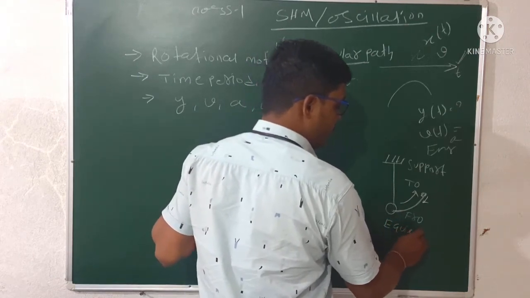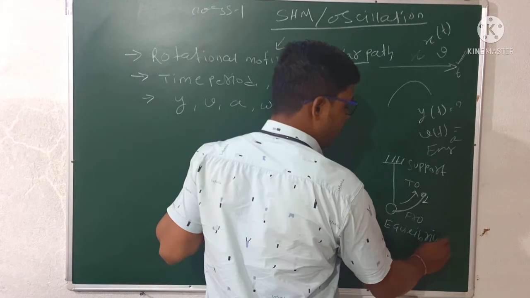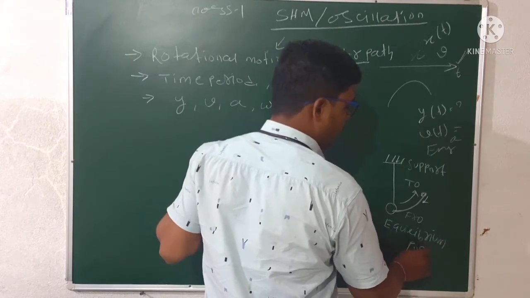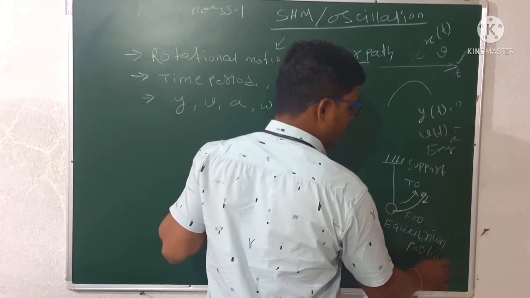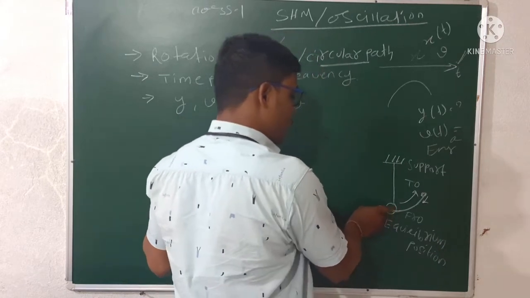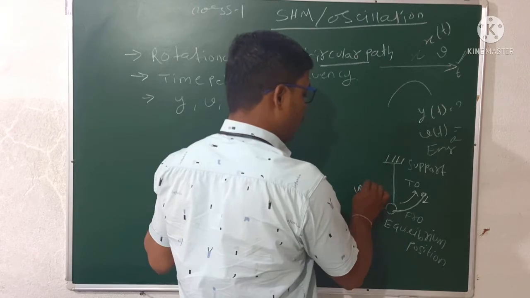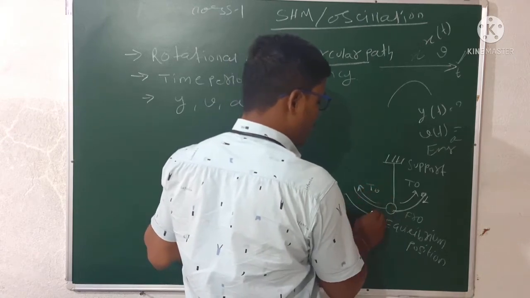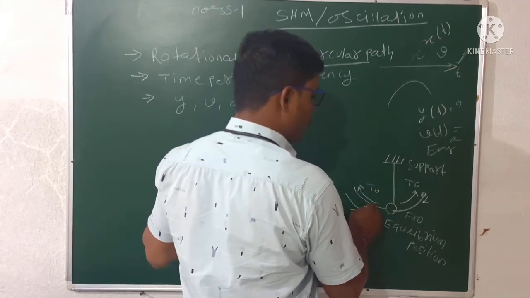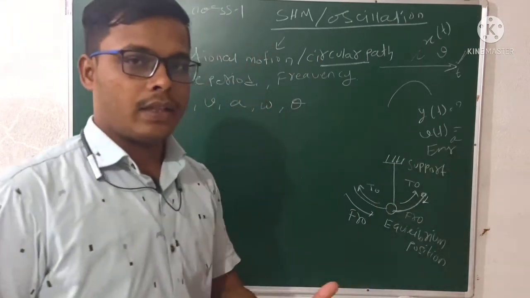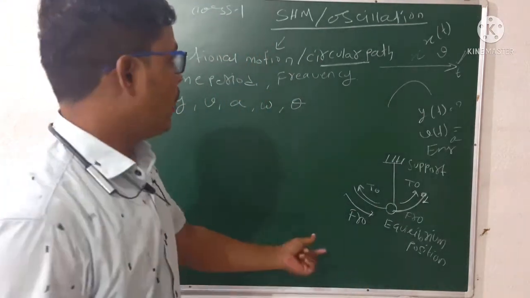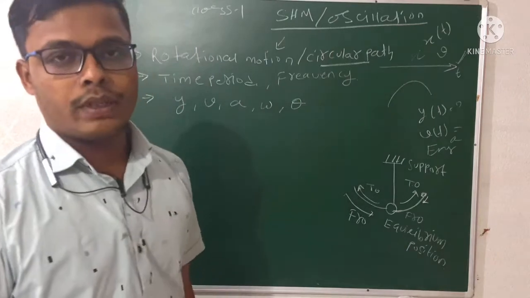At this position the particle will be at rest for a certain time. Again it moves to the right side, and when it moves upward we call it 2, when it moves downward it is called pro. So the to and fro motion in a circular arc path is called simple harmonic motion.